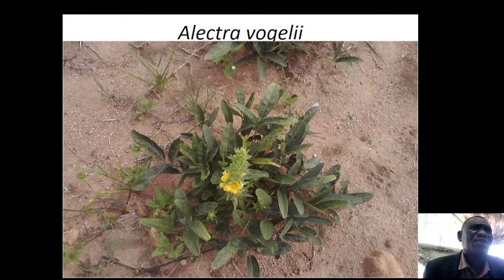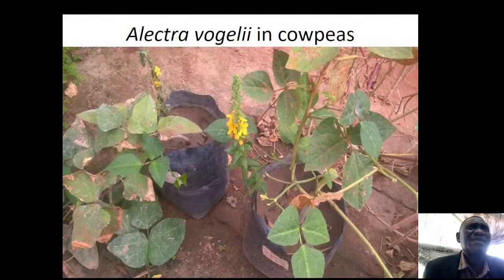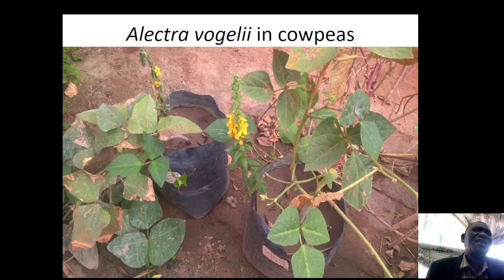This is mostly found in communal areas. Electra vogeri in cowpeas. This is actually in polythene bags. Somebody was doing an evaluation of cowpea genotypes to find out the impact of this weed across cowpea genotypes.